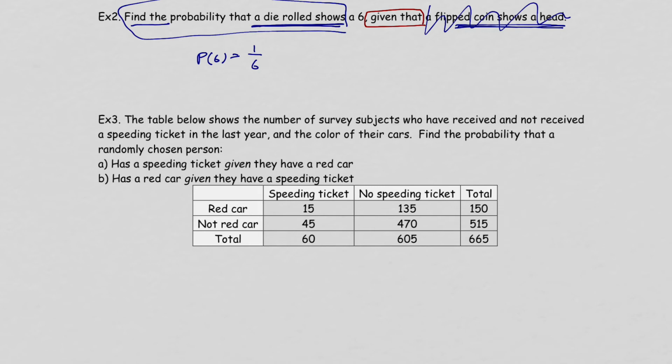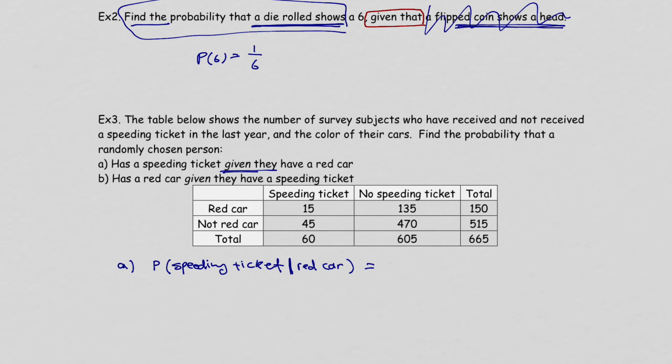In order to write that, the probability of a speeding ticket given, so that's going to be conditional, red car, is going to be 15 out of 150.